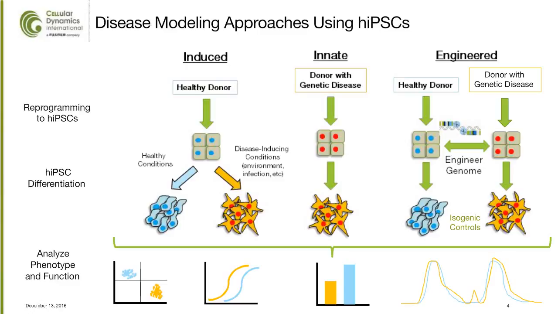In the innate example, the blood is taken from a patient with HCM that is reprogrammed to iPS cells. Those cells are then differentiated to cardiomyocytes and studied in the lab. For the innate example, I'll go into some of the characterization, the functional characterization of the mutation. And for the induced example, I'll give a high-level snapshot of the capabilities and the utility of this line.